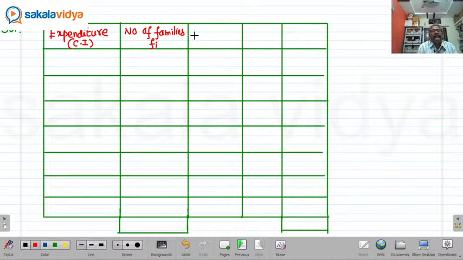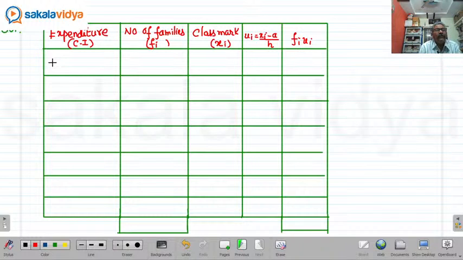This will be class mark, that is xi. This is actually ui is xi minus a by h. This is fi multiplied by ui. Okay, let us write it now.